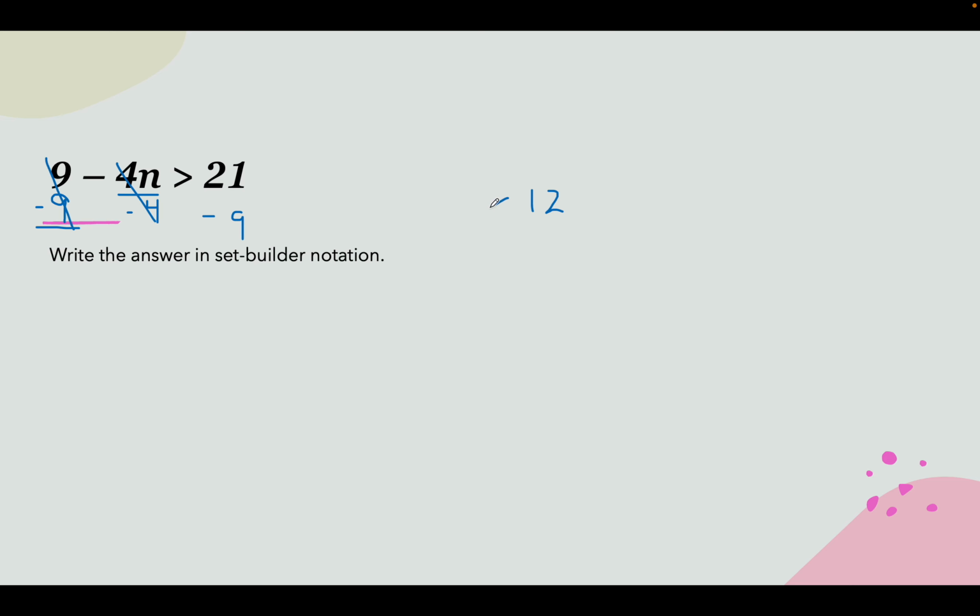So, like that, and then it'll be n. So, set builder notation, squiggle, n. I'm going to flip the sign. Hold on, I flipped it twice. Don't do that. Oops.